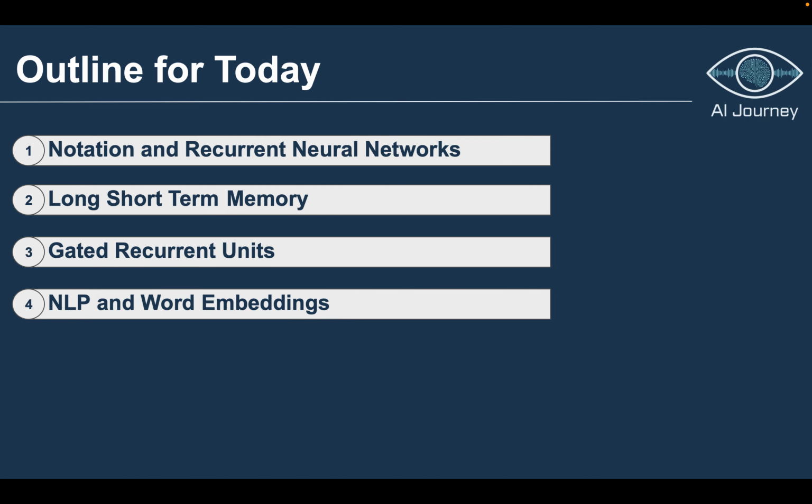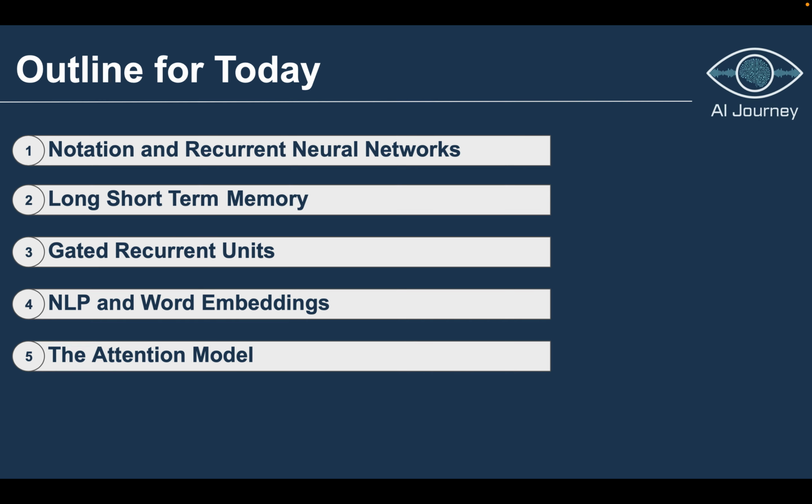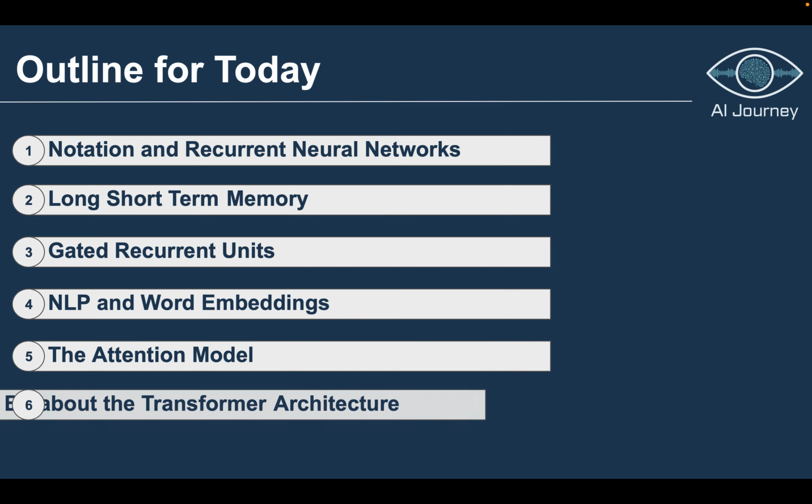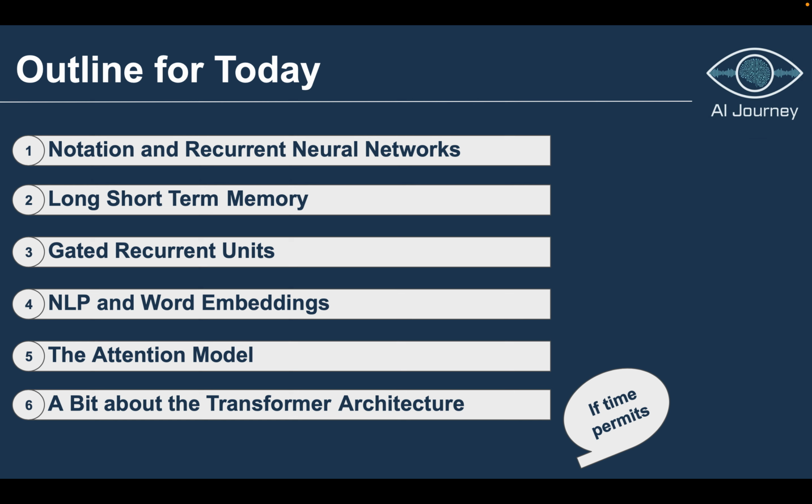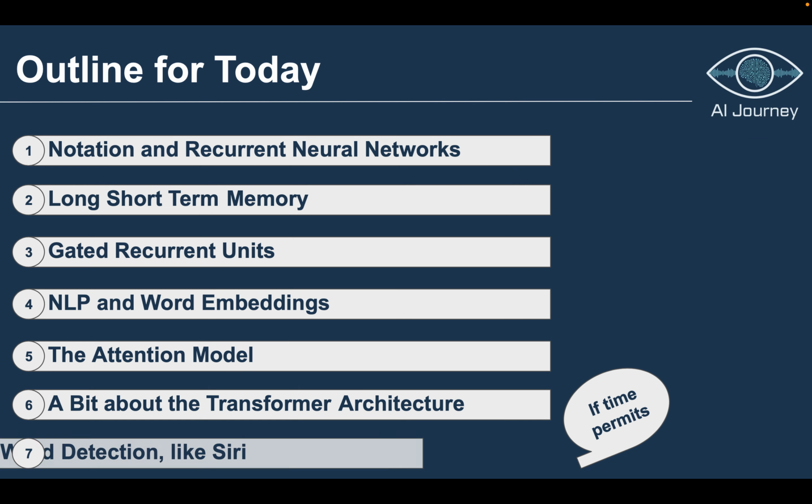Then we're gonna reiterate on NLP and word embeddings concepts. We're gonna be touching on the attention model and a bit about the transformer, as motivation for next time. If time permits, we're gonna be talking about some applications.